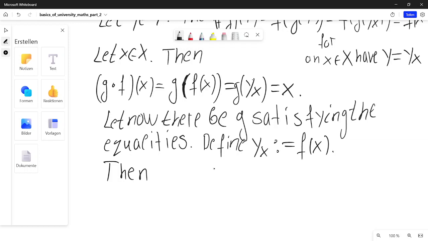The g from above we defined in the case where f was bijective, right? And now that case is finished. Here we have shown there exists such a g, and here a new case begins. We just assume that there is such a g. We don't know anything about f yet, but we want to have f bijective in this case, right? Okay, define that like that, and show first.